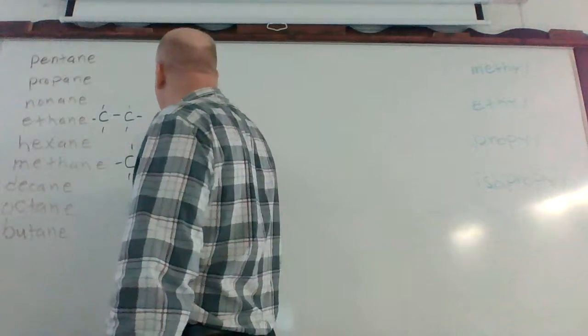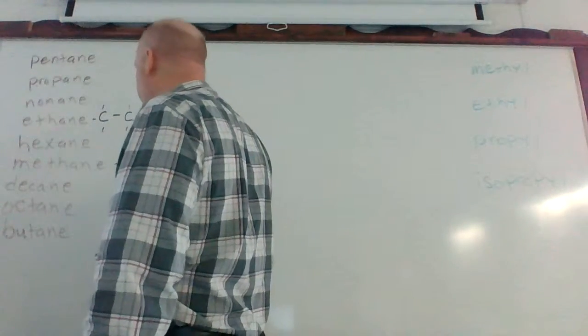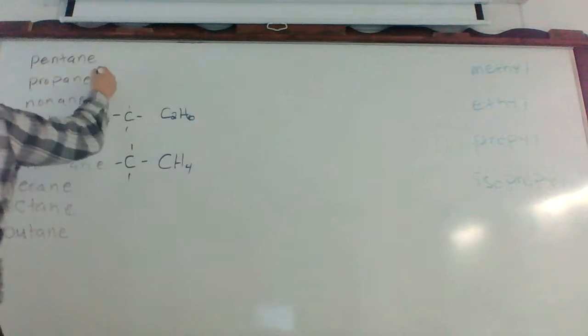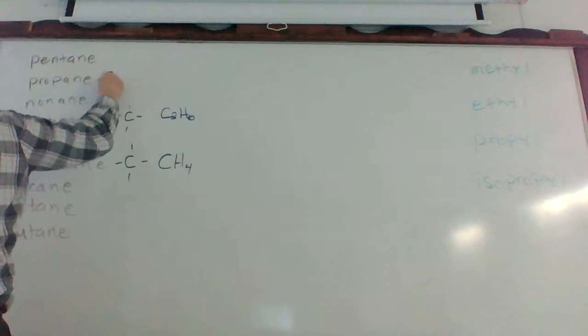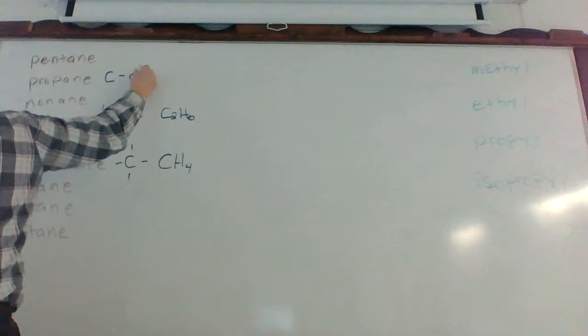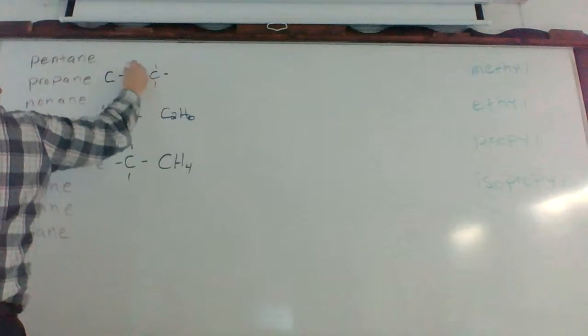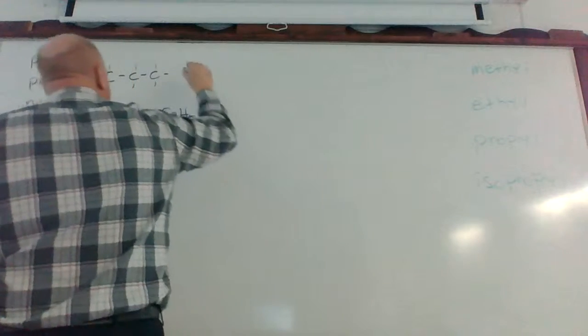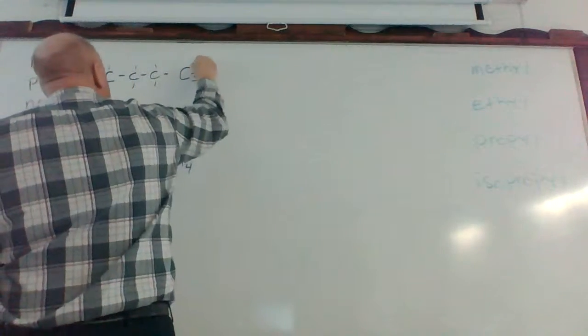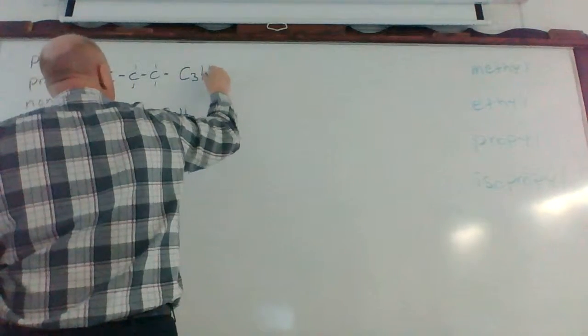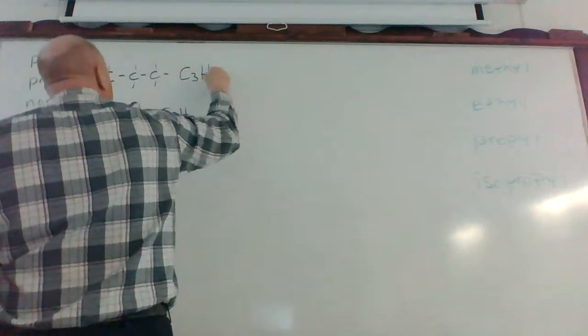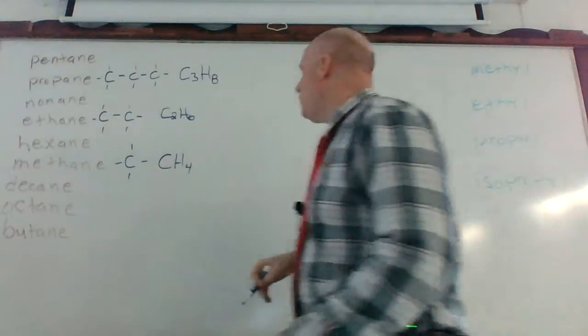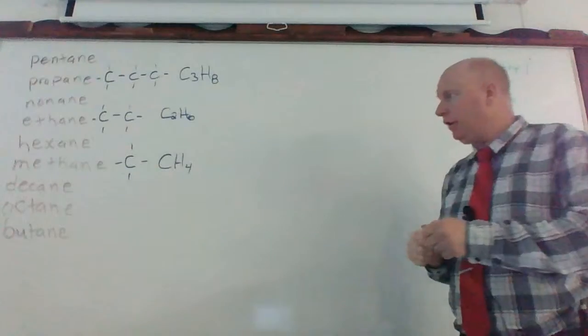C2H6. Propane. Okay, so this will be the last one that I'll write the structural formula for. Okay, then the molecular formula, C3H what? And what type of pattern do you see emerging from here with the carbons?